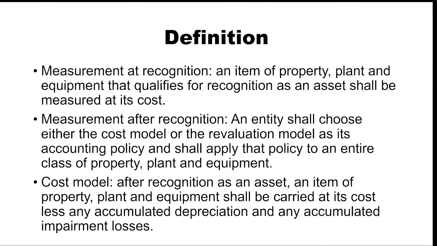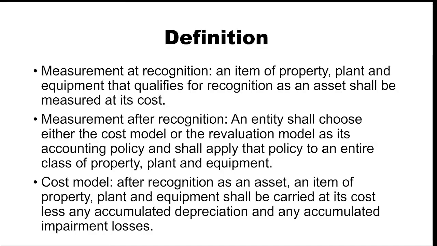So let's continue with the definitions. We have the measurement and recognition. If you want to recognize this asset, its measurement at recognition is defined as follows: an item of property, plant and equipment that qualifies for recognition as an asset shall be measured at its cost.